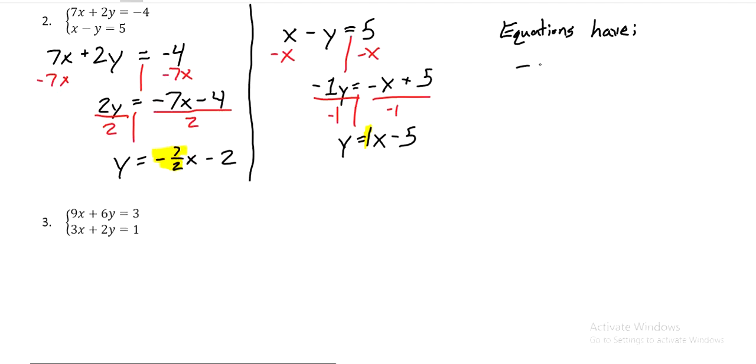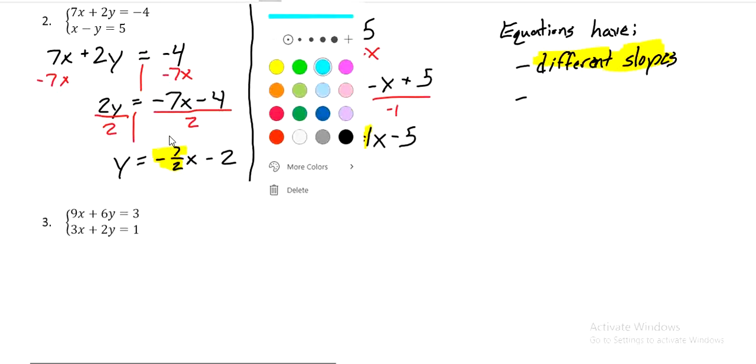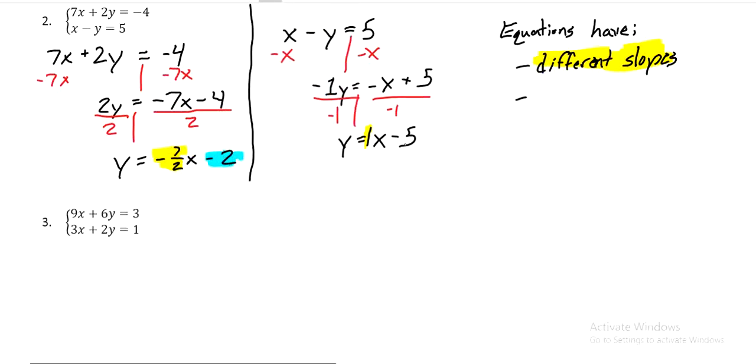So the equations have different slopes. And what about our y-intercepts? Our y-intercepts are also different.